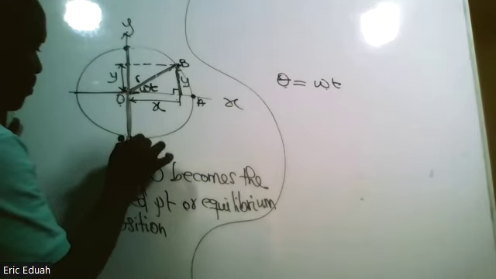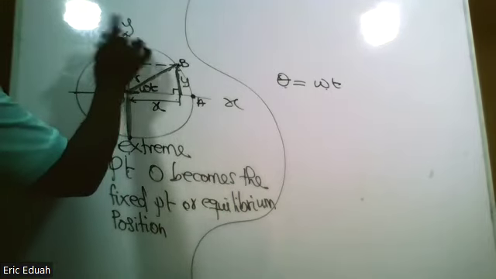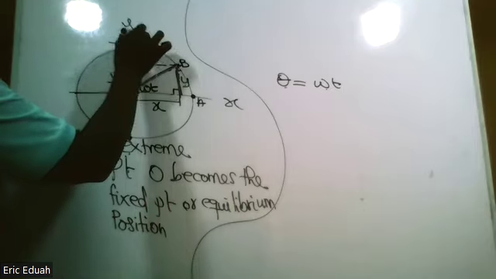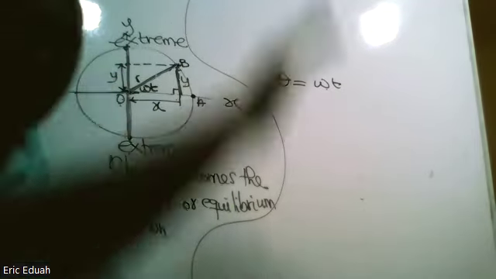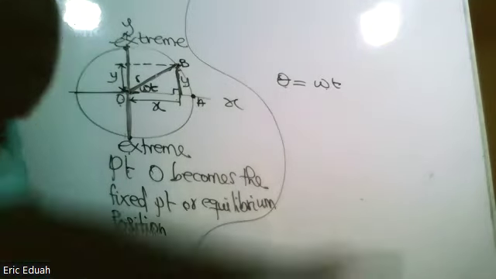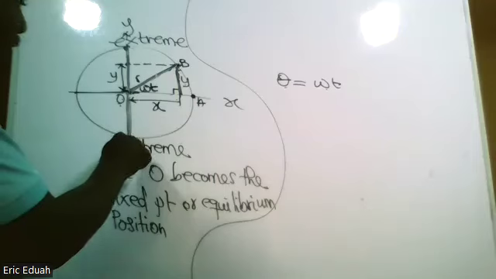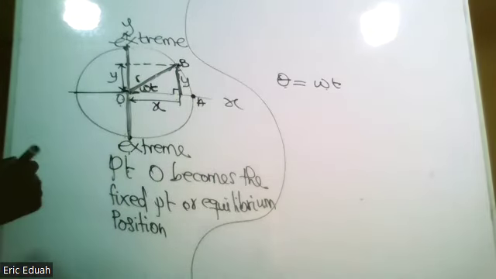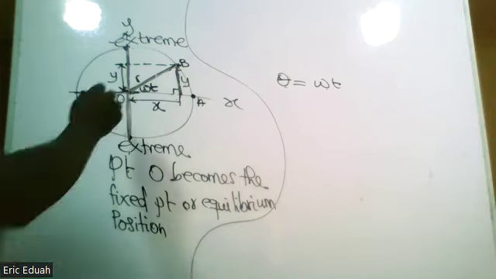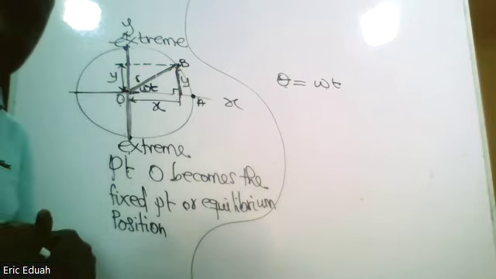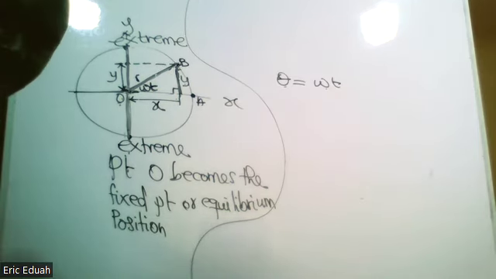One extreme and then another extreme. Meaning the body is doing up and down motion about O, so its movement is between these two extremes. How would you call this distance from the center to one extreme? Anybody?